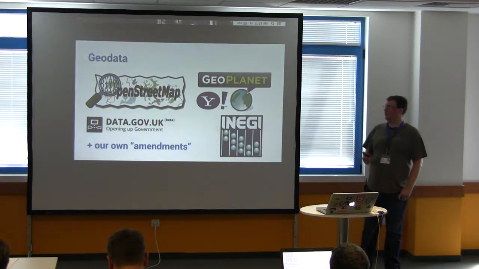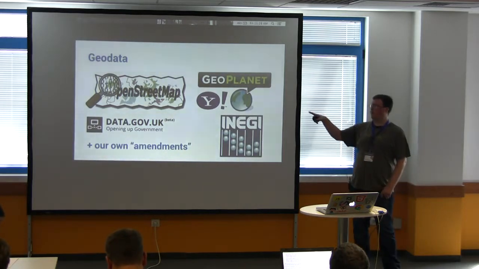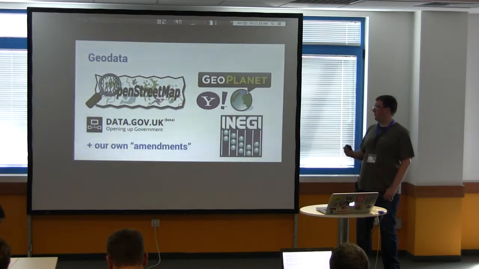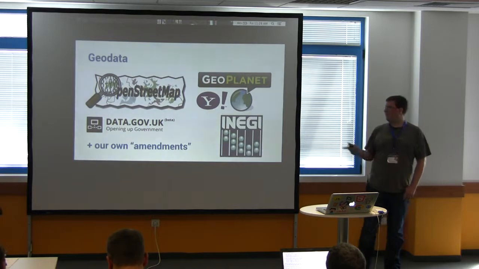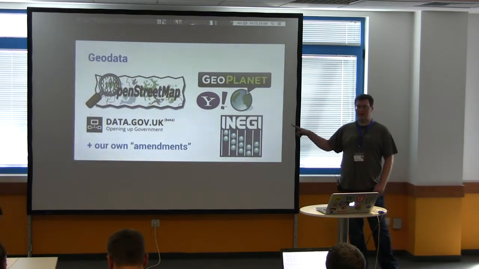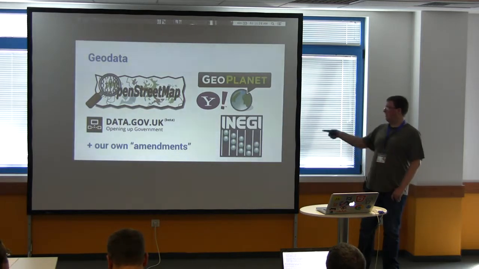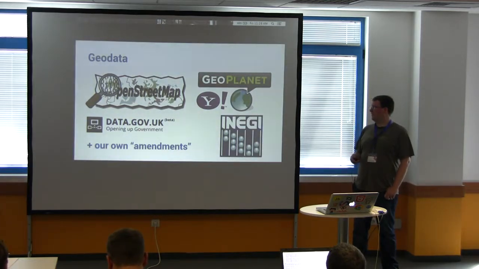But we've more recently moved to a more open model using Yahoo GeoPlanet and OpenStreetMap as our 2 biggest data sets, which are both completely open. And then in various countries, we have other open data sets. So INEGI is in Mexico, data.gov.uk is UK, of course. And then we have our own amendments, which we've tweaked over the last few years of working in these countries.